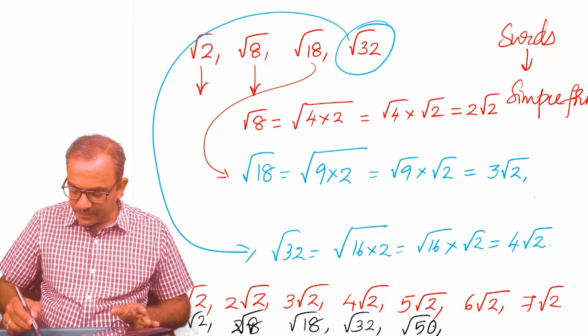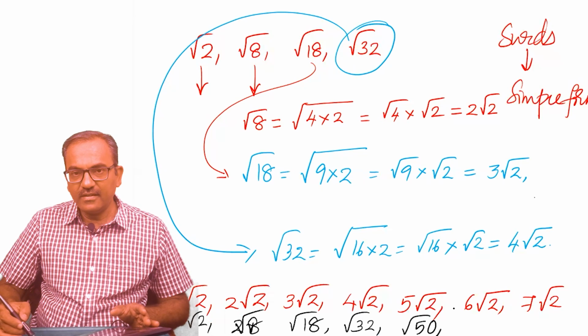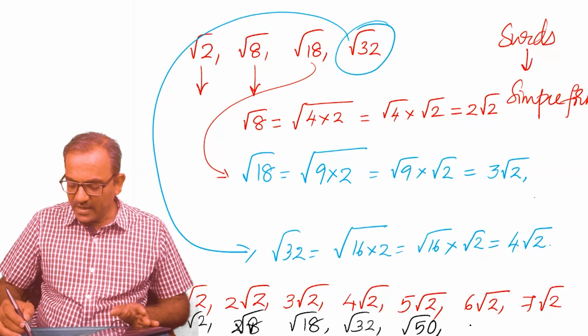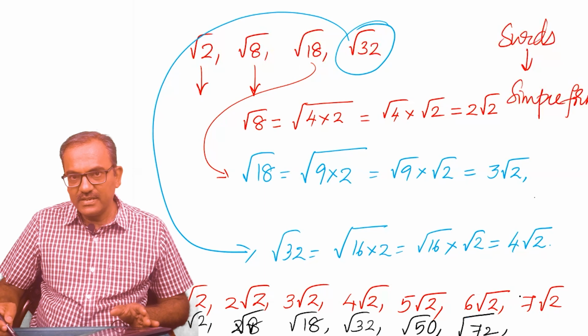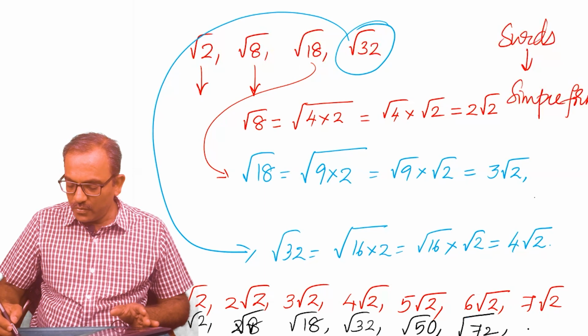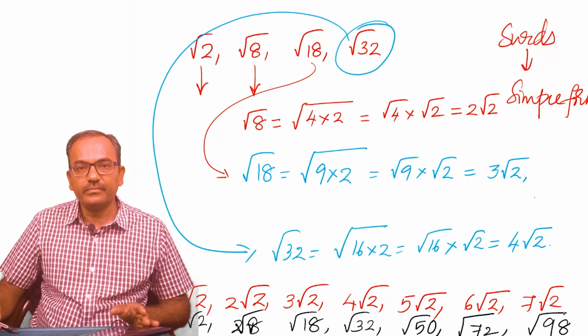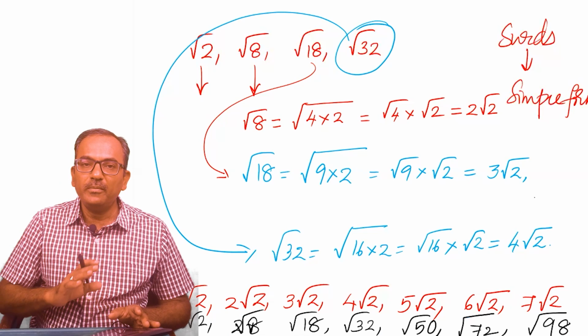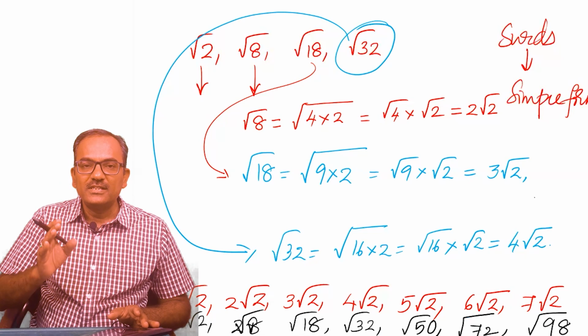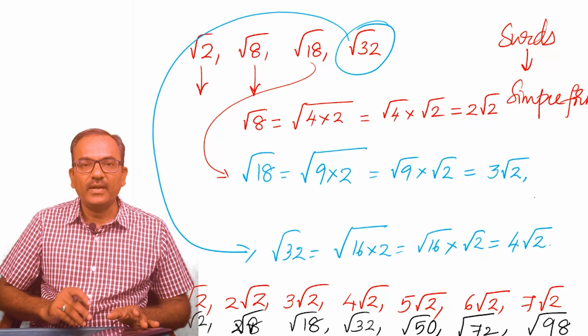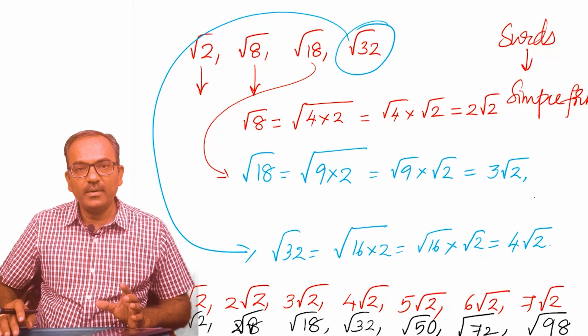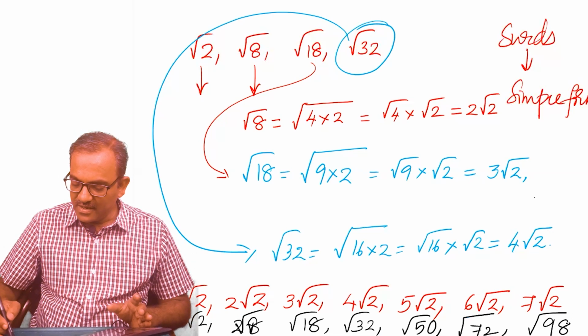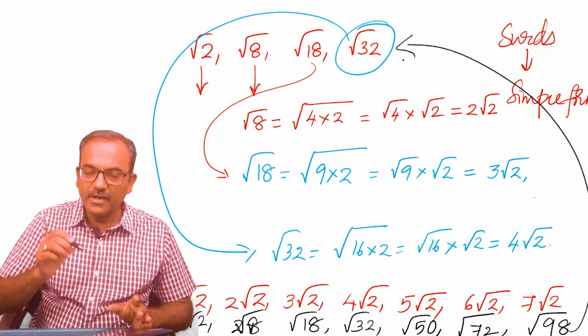So, it is root 50. 6 sixes are 36, 36 twos are 72, root 72. 7 sevens are 49, 49 into 2, it is root 98. So this is how you are going to break down the problem, solve the small issues, and then blow up the problem as it is given in the problem statement.